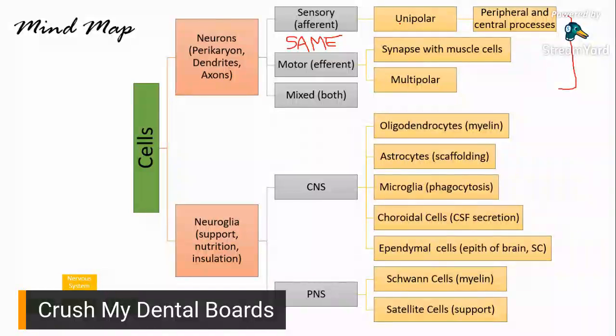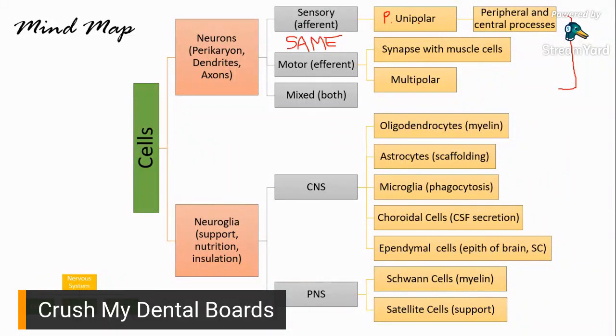True unipolar cells exist in invertebrates. However, in man, we do have pseudo unipolar. And we said earlier that the main example of pseudo unipolar cells would be your sensory neurons.